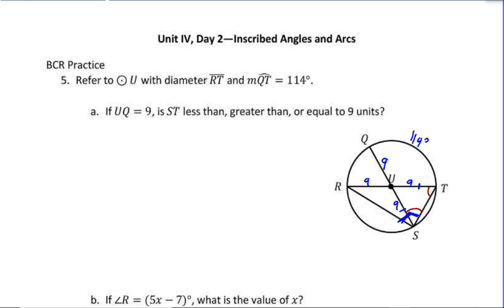And one of those angles I can figure out from this inscribed angle TSQ, because I know the arc that the angle opens up to is 114 degrees. So I know that angle UST is half of 114 degrees, or 57 degrees.